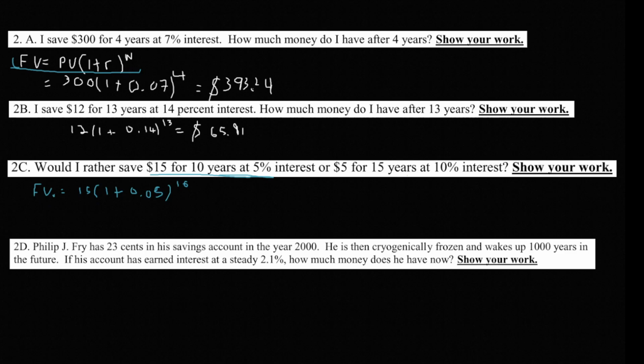Versus, I'll do this one in green, FV2 is, we start at a principal value of $5, 1 plus our rate, 10%, so that's 0.1 to the 15.